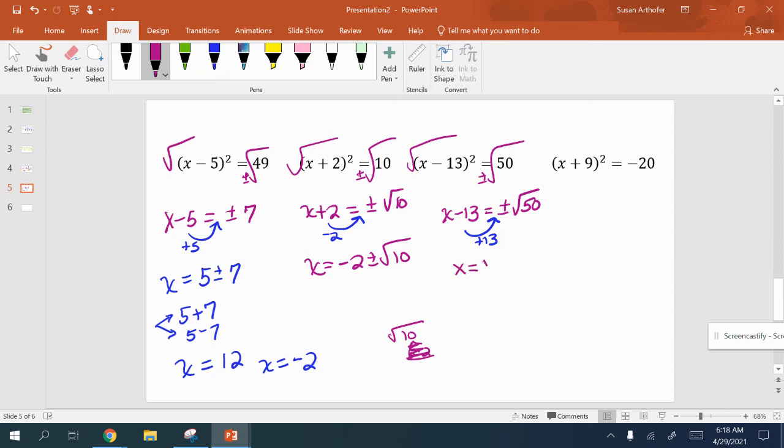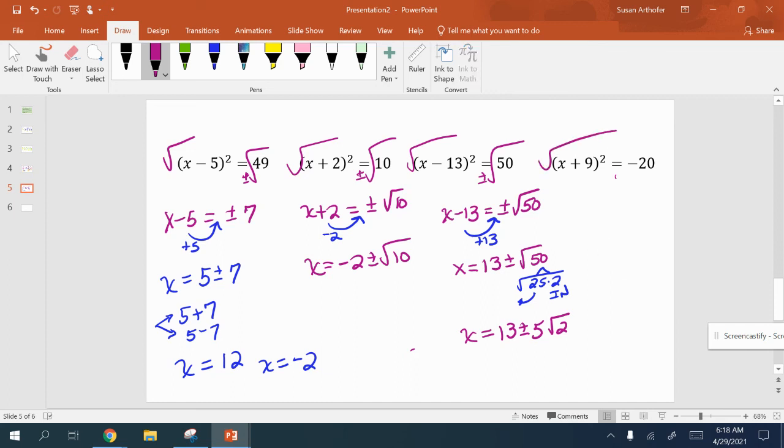So x is equal to 13 plus or minus square root 50. 50 goes into 25 times 2. 5's out, 2 is in. So x equals 13 plus or minus 5 rad 2. Out is 5, in is 2.